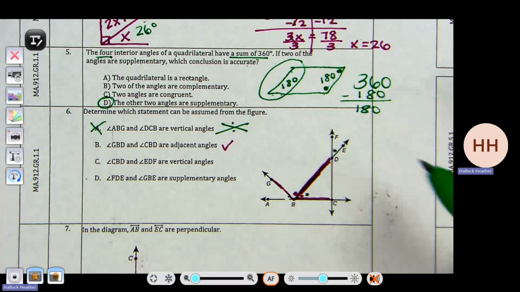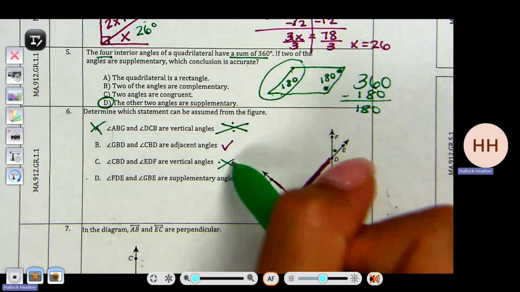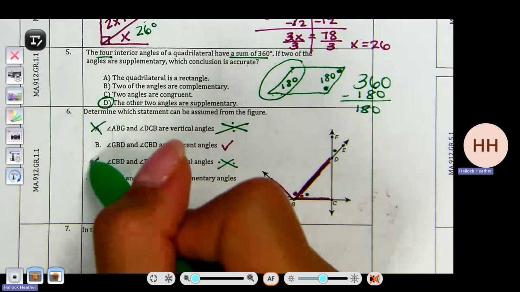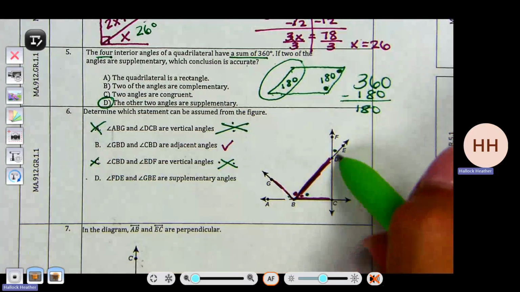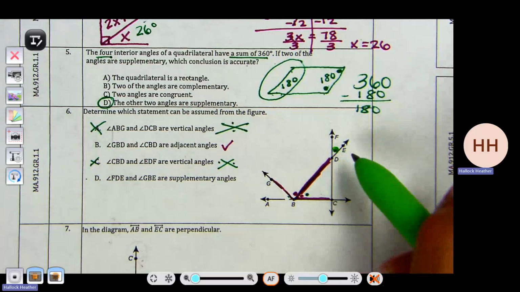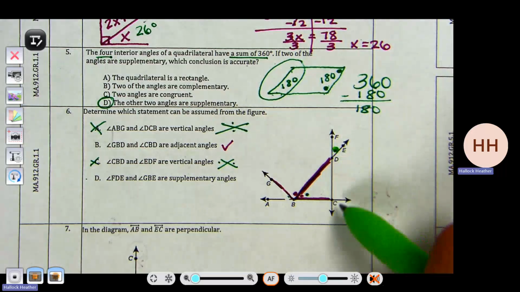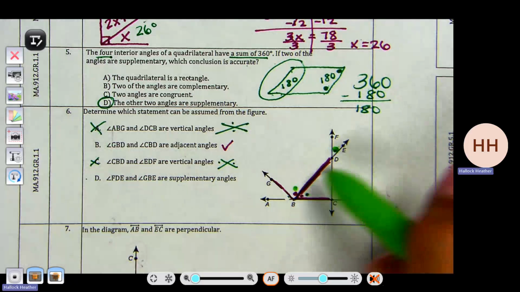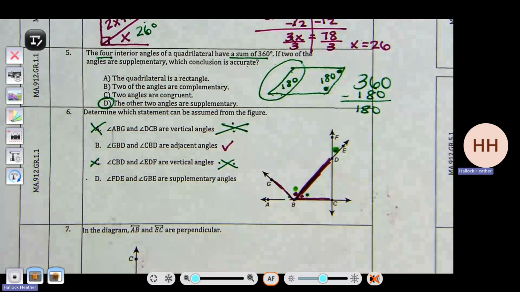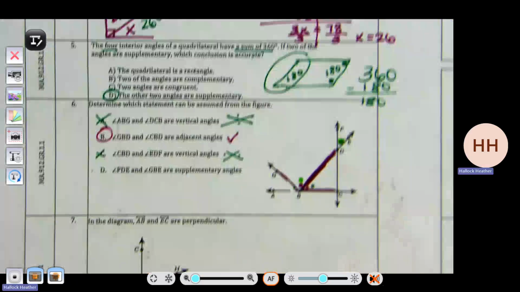EDF is right here. Those are not vertical because vertical has to be side to side or top and bottom. So that does not work. And then the last one is FDE, so still the same spot, and GBE, this one right here, are supplementary. That and that are not supplementary. So the only correct one is B.